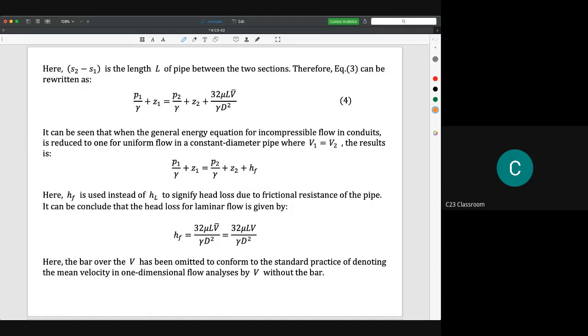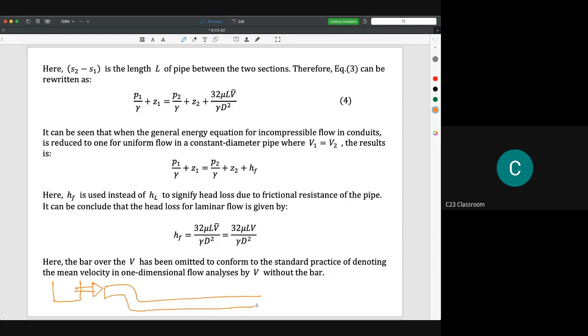Okay, so this is a simple application that uses losses. For example, we have a tank here, a source of water, and then we bring this into a very long pipe.